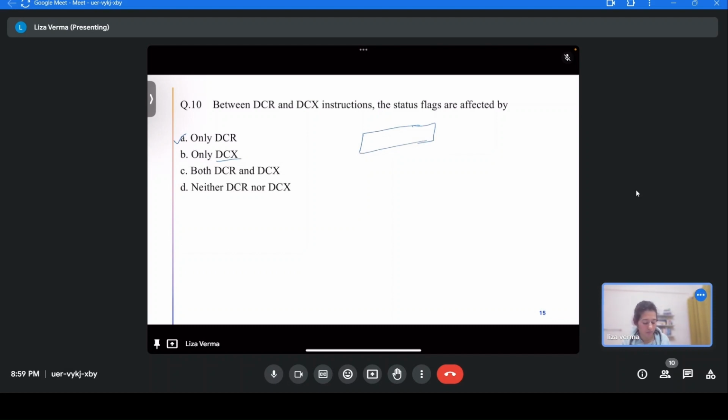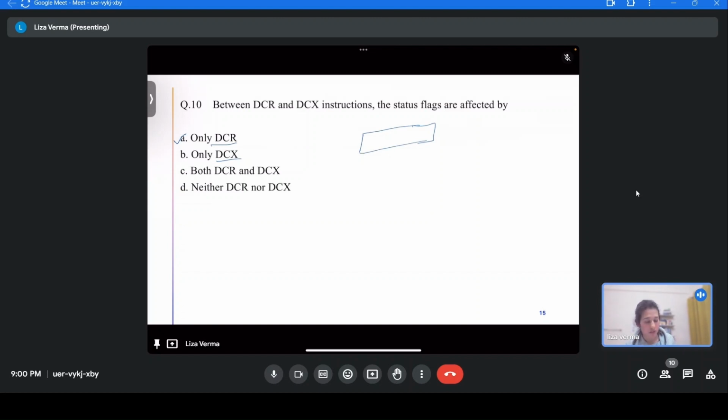Whatever the operation being done in DCR, the accumulator is involved, and so the flags are modified. Since DCX is not implemented like that, it doesn't affect the flags.